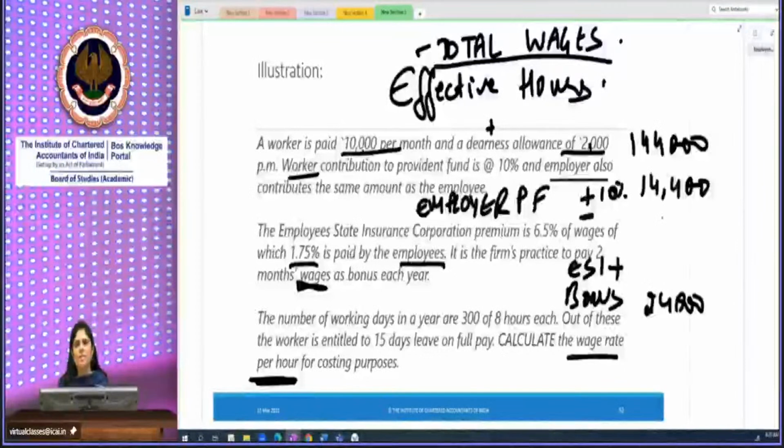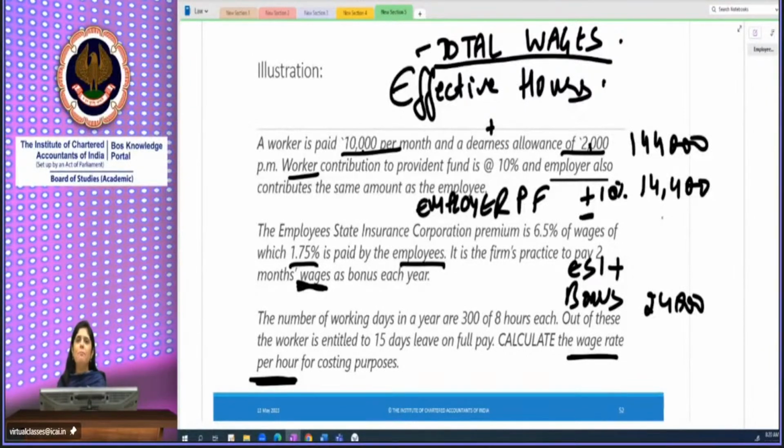See, we monitor the inflation every 6 months. Prices are rising, so we cannot have the salary increase every time. So the government increases the DA. Dearness allowance means the costly allowance or the inflation allowance.